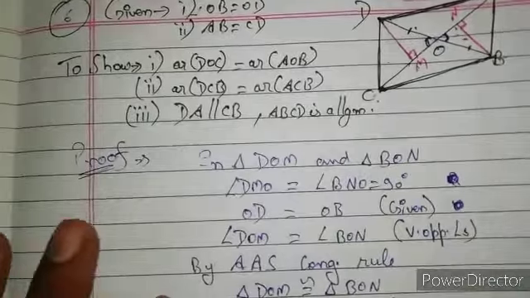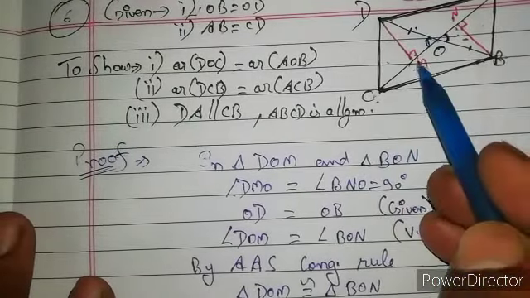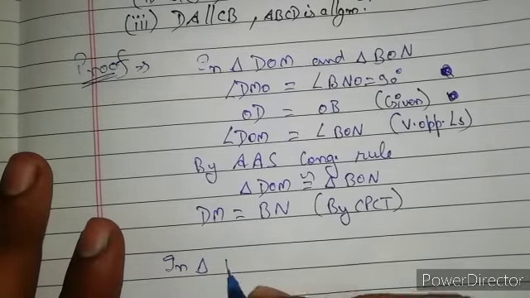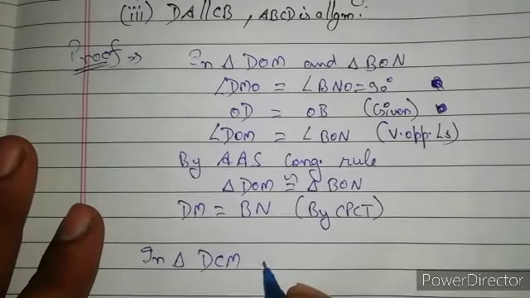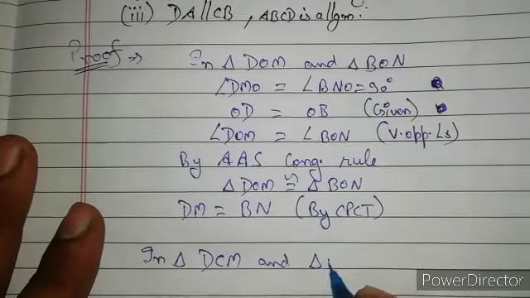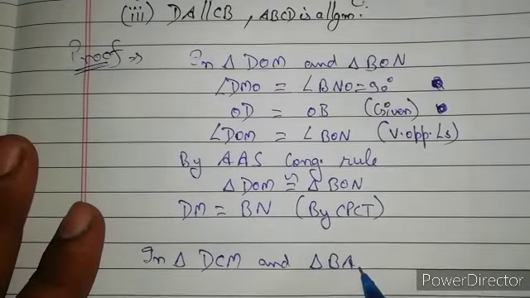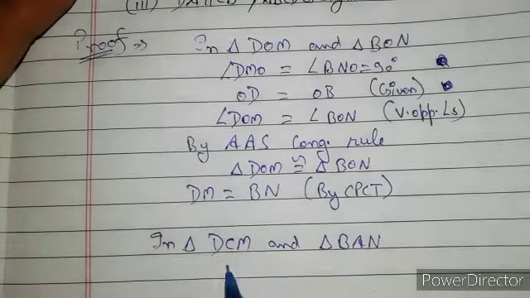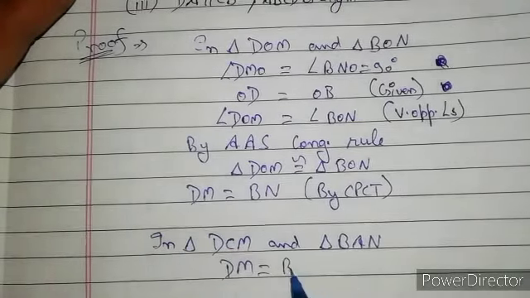So let us take these two triangles, triangle DCM and triangle BAN. In these two triangles, one thing we have already proved is that DM is equal to BN.